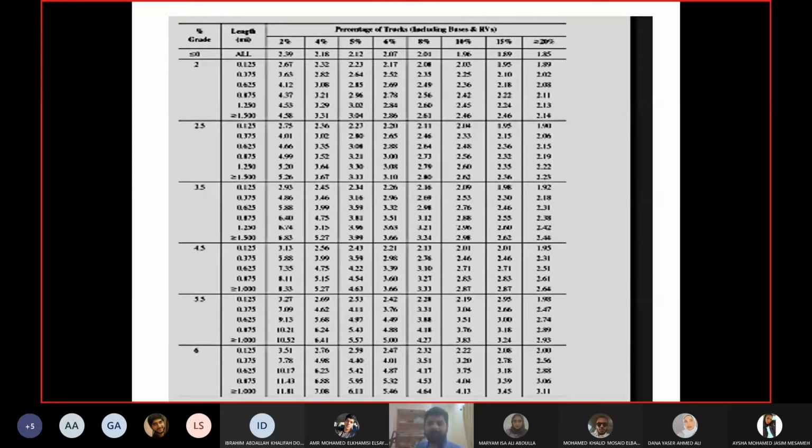If one direction has a 3% upward gradient, the other has a 3% downward gradient. So you are calculating level of service for one direction in the morning and the other in the evening. The volumes are approximately, not exactly, the same in the morning and evening peak hours. This is why they said to do the calculation in both directions.